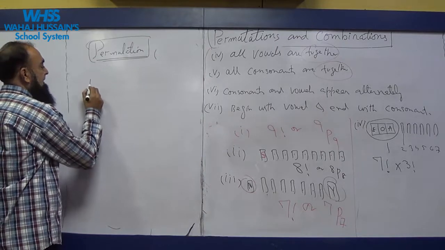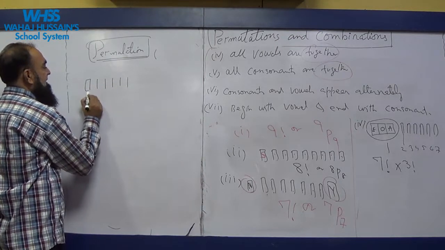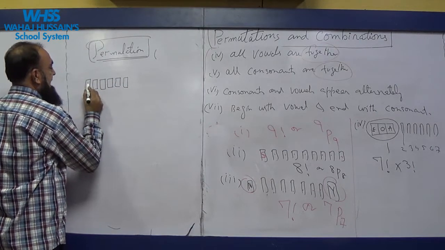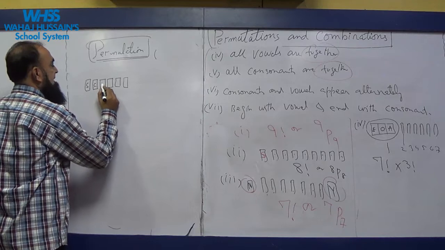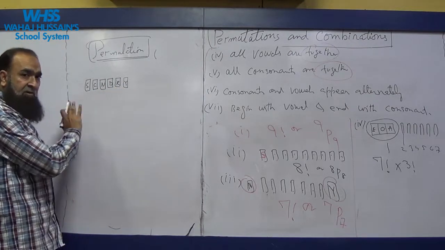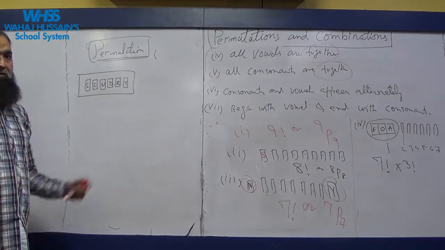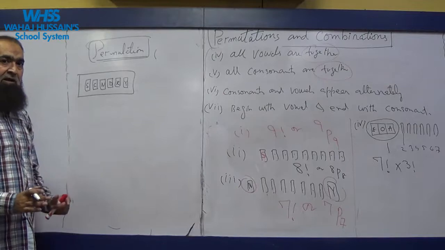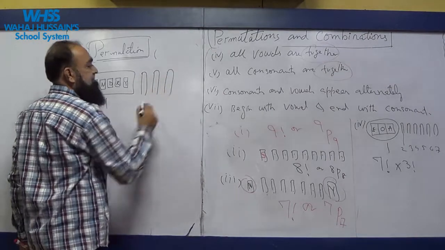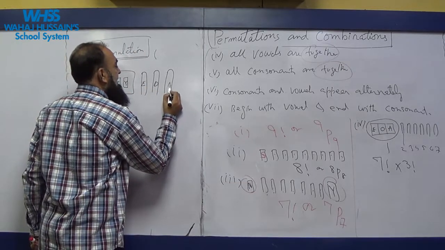We have 6 consonants: 1, 2, 3, 4, 5, 6. You can write them in any order: S, C, N, D, R, Y. So this should be made a single block. As I said, together objects means consonants together, we have to make a single block. And how many vowels are left over? That is E, O and A.